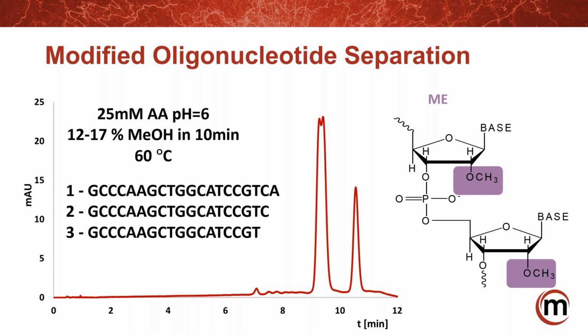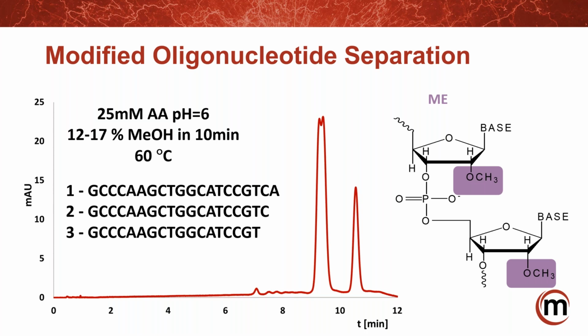And then again, we show the same thing here. The one thing to point out on the modified oligonucleotide separation is that on the methyloxy, we saw a base pair change. So this is actually 3, 2, 1. Could we pull apart 2 and 3? Probably, but again, we were scouting so many different ones. If that was the key separation, could we look at maybe ammonium formate or other additives?